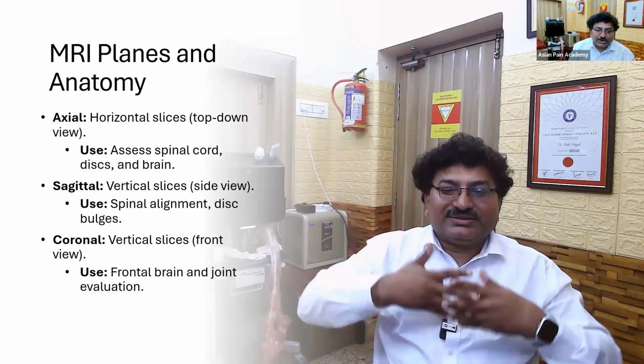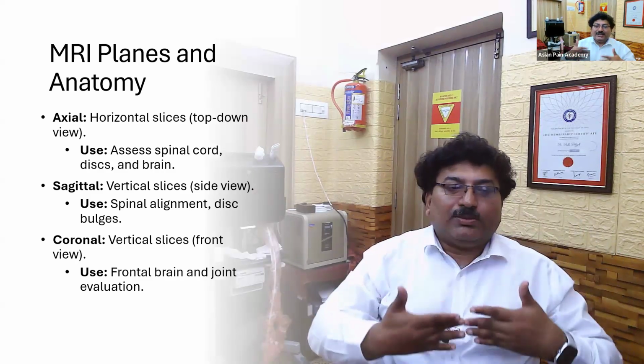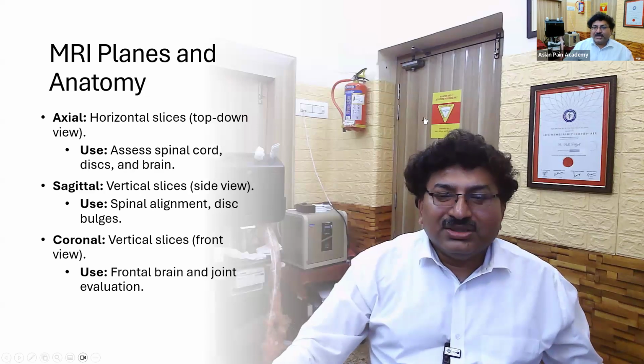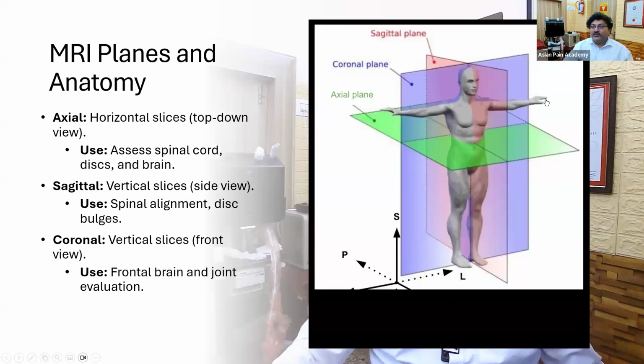So we can see in different views. Similarly for every structure, we can see these different planes. I have already told you this is the sagittal plane, and parallel to the sagittal plane it will be the parasagittal plane. Similarly, these are the coronal planes and these are the axial planes.